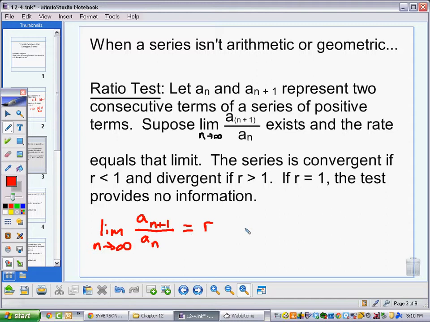Then the series will be convergent if r is less than 1, and divergent if r is greater than 1. However, if r equals 1, the test gives us no information. It's basically a wasted time. But sometimes knowing that we don't have any information about something is useful as well.